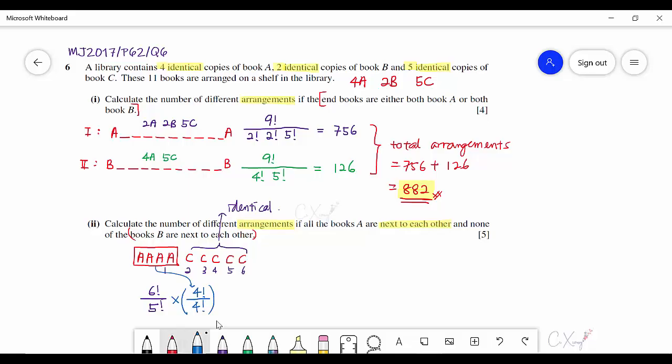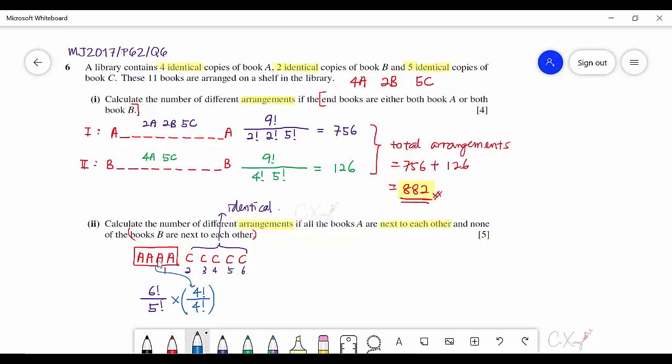So you can see that 4 factorial divided by 4 factorial is 1. Usually we are not going to write this out because it's just a 1. But if I want to tally with the method that I taught before, this is how we get the answer. You consider the arrangement within the group, 4 factorial, but divide by 4 factorial again because of the 4 identical A.